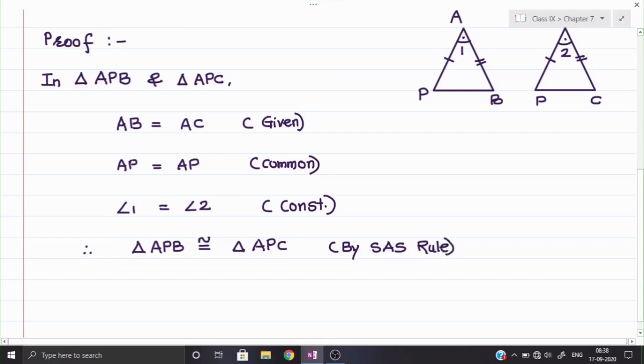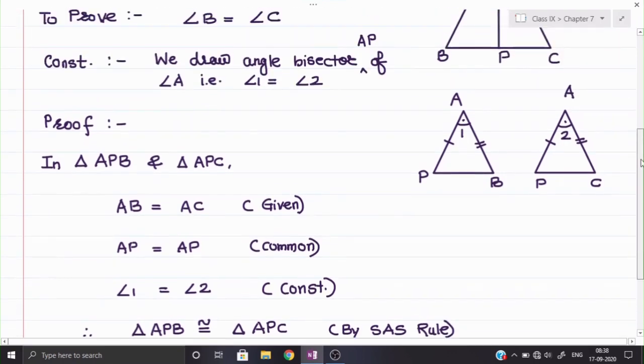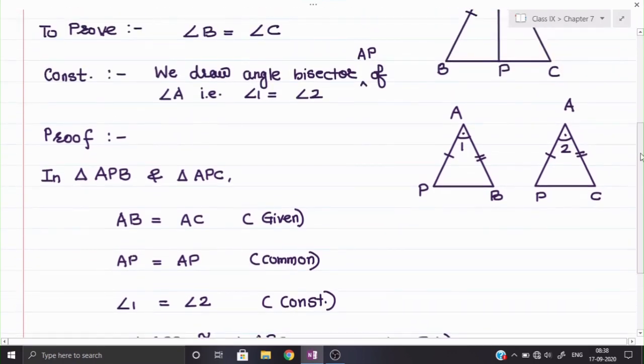Now after proving the triangles congruent, did we get the required things? What was required? We required angle B and angle C. So look at these two angles, angle ABP and angle ACP. These two angles are equal because both are corresponding and the triangles are congruent.